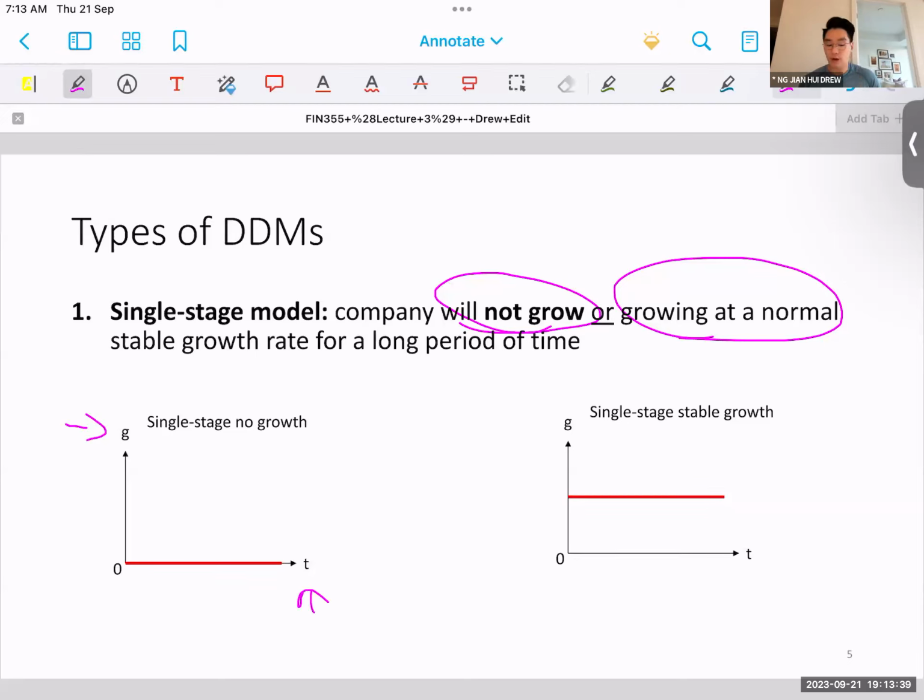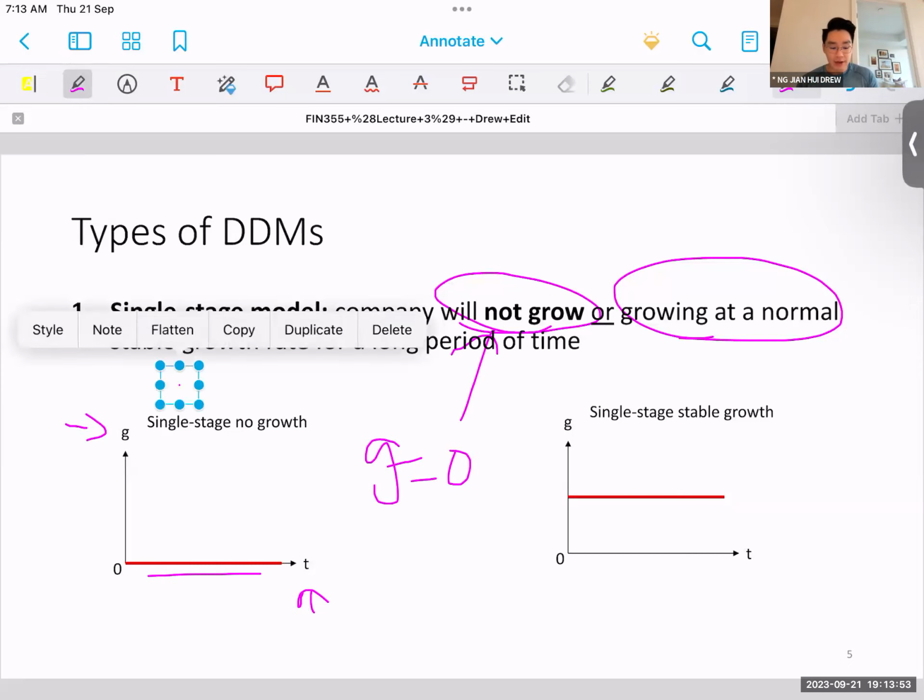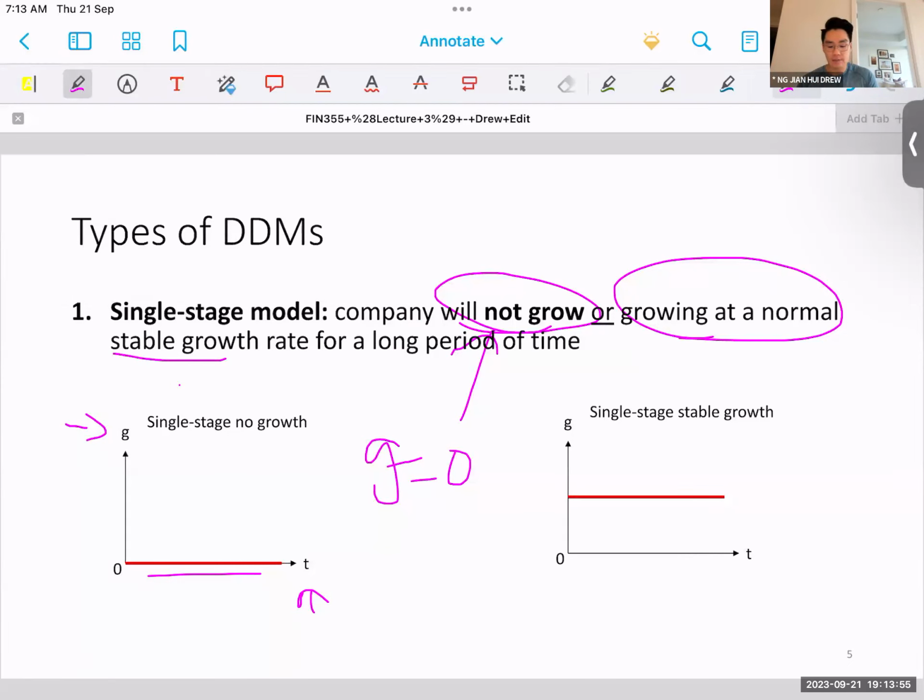In a no growth, obviously no growth means the firm does not grow, means g equals 0, and so the line is like this, on the x-axis, right? Now, if it's a normal and stable growth, it's just flat, right? Anyone can recall a stable growth like this? Okay, so go back to no growth first.